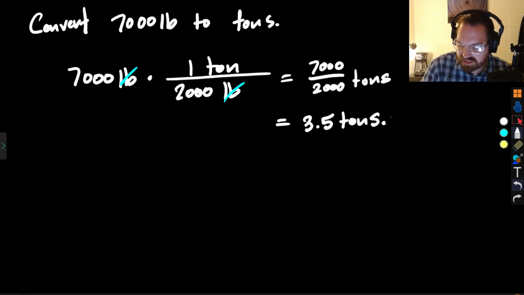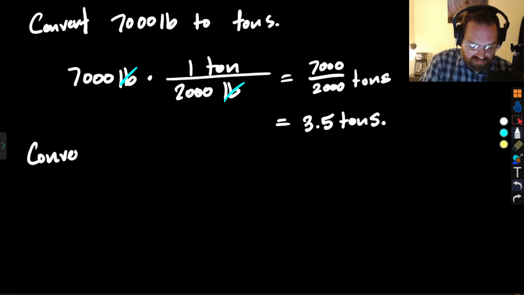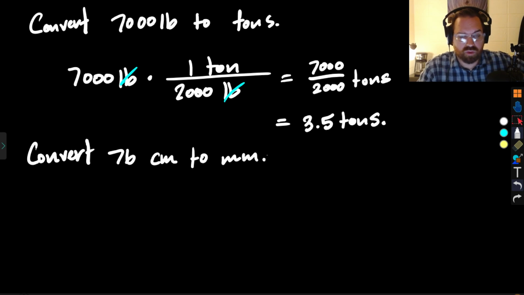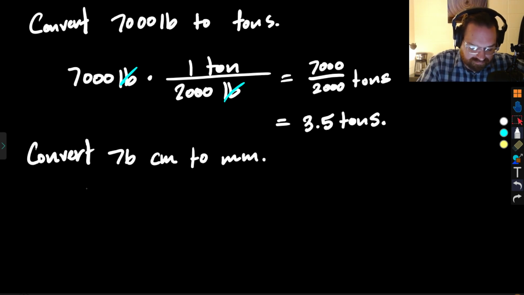In this instance, I'll do a metric unit conversion. So we'll convert 76 centimeters to meters. Okay. So in this instance, when I'm working on the metric system, I'll write out that King Henry died by drinking chocolate milk.